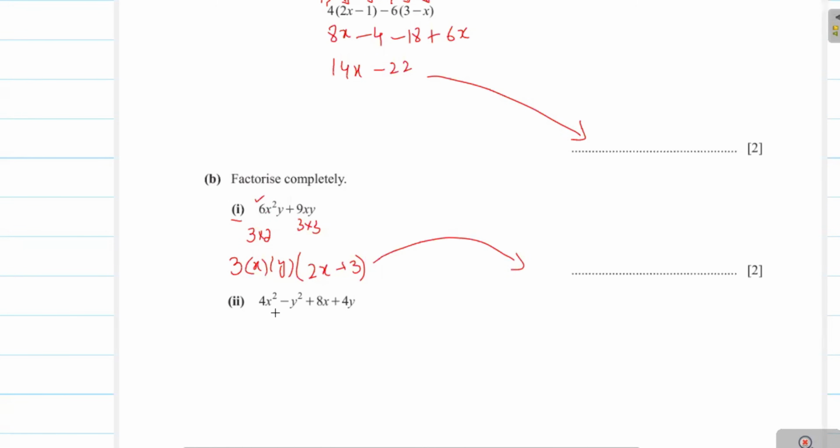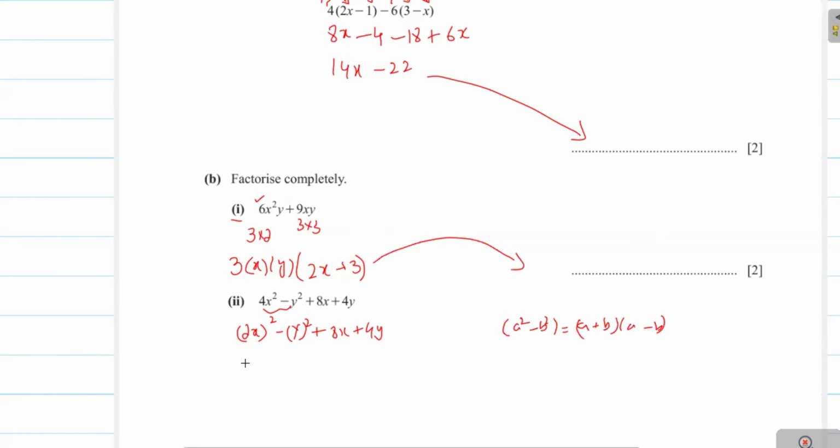This is part second, 4x square minus y square plus 8x plus 4y. Now we can write this using the identity a square minus b square equal to a plus b into a minus b. This will be 2x whole square minus y whole square plus 8x plus 4y.